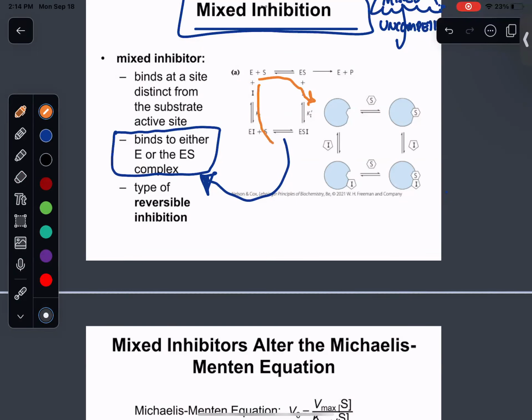If you have the inhibitor over here binding to the enzyme substrate complex, this would be more indicative of the uncompetitive route. So depending on which route has a higher affinity will determine whether the apparent Km increases or decreases, right? Because we said in competitive, the Km increases. In uncompetitive, the Km decreases.